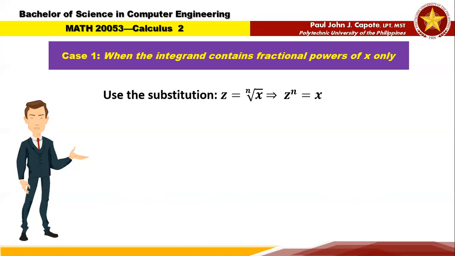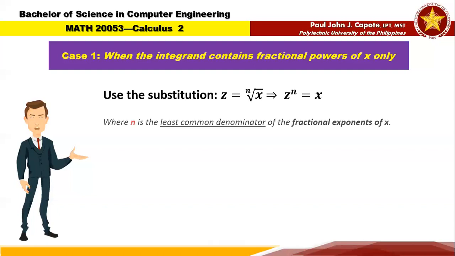We let z equals nth root of x, which implies that z raised to the power of n is equal to x, where this n is the least common denominator, or LCD, of the fractional exponents of x.